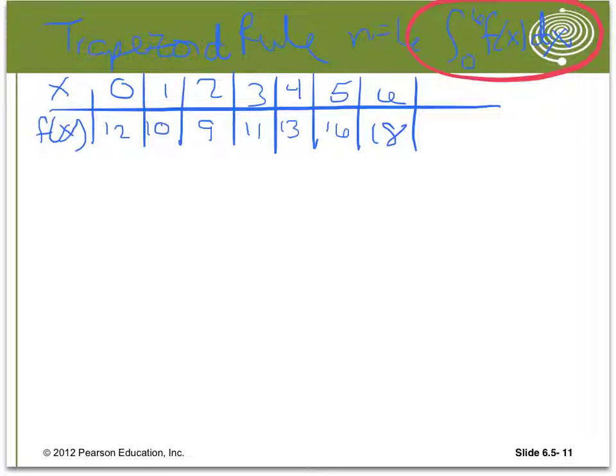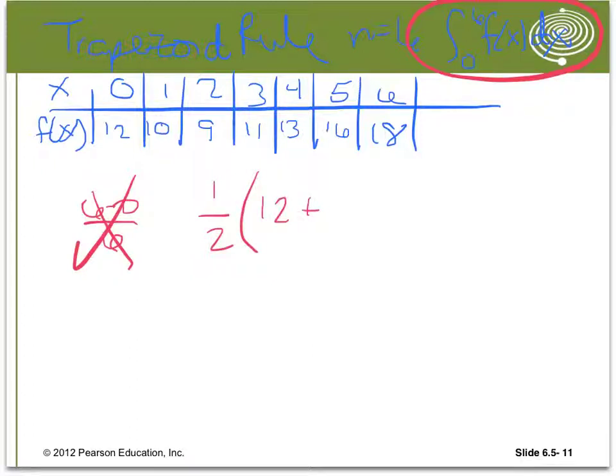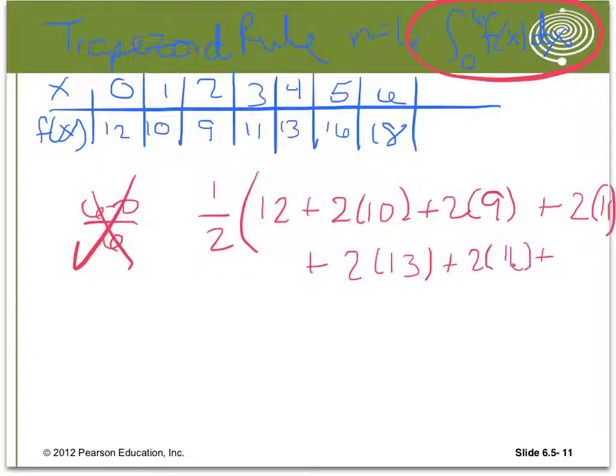You could have also done 6 minus 0 divided by 6 to get your 1. So I take 1 divided by 2 times my first height plus 2 times all of my other heights, 2 times 10, 2 times 9, etc., plus only 1 times my last height of 18. I simplify all of that and multiply, and that will be my approximation of this integral.